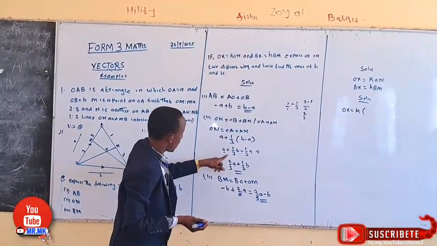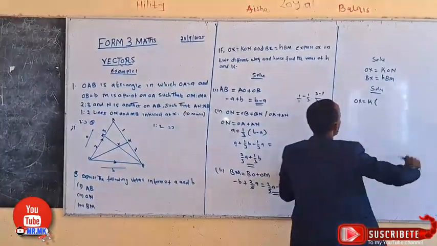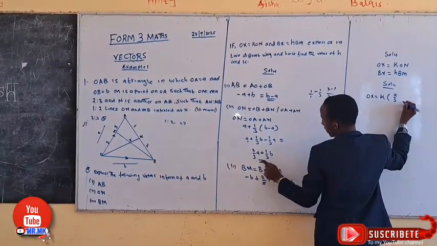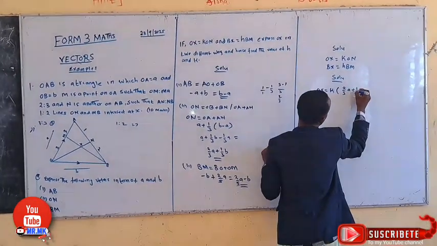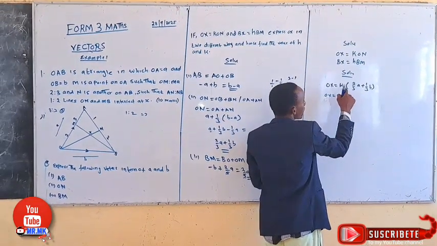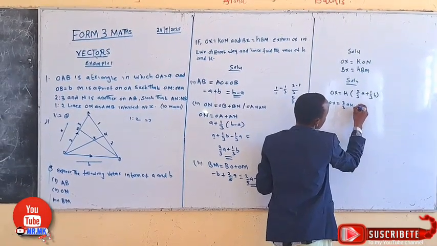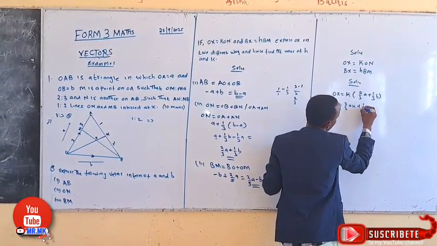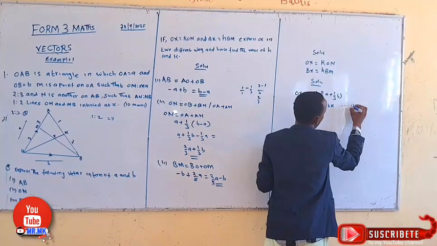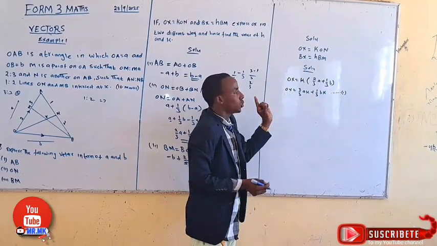I have got 2 over 3 A plus a third B. So OX will be K times that, which is 2 over 3 AK plus a third BK. Let's say this is equation 1.